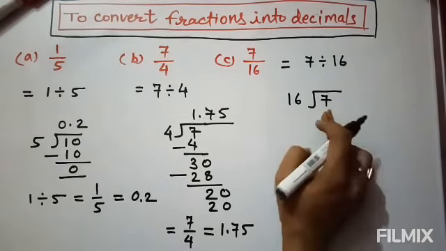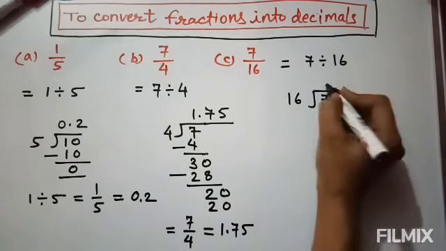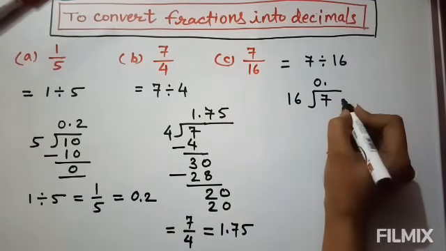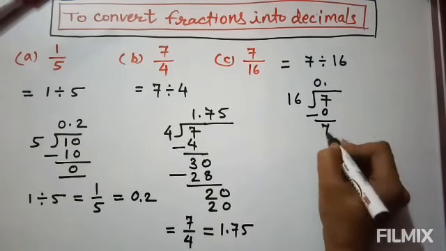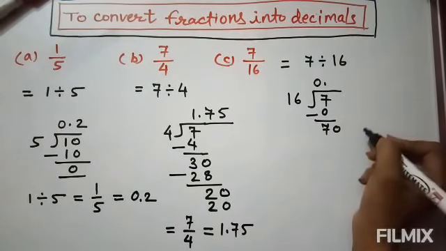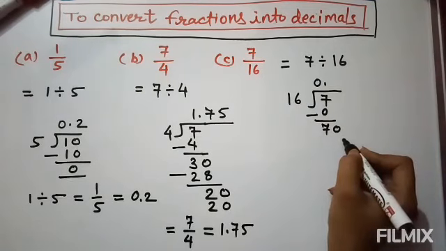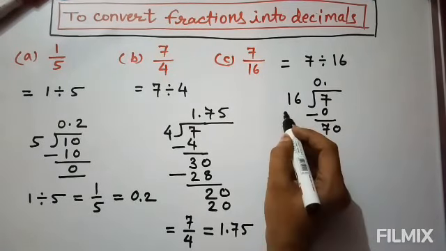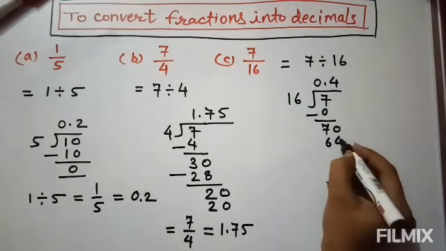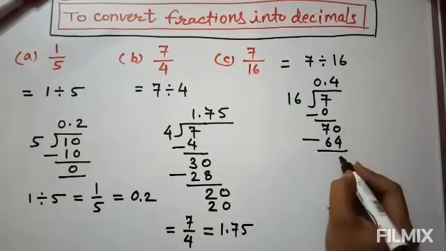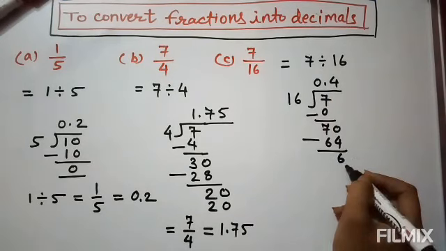As the dividend is smaller than the divisor, we will put the decimal in the quotient area and increase 0 as it cannot be divided. So here we have 70. Now 16 4s are 64 can be divided. Subtract the number, we'll have 6.